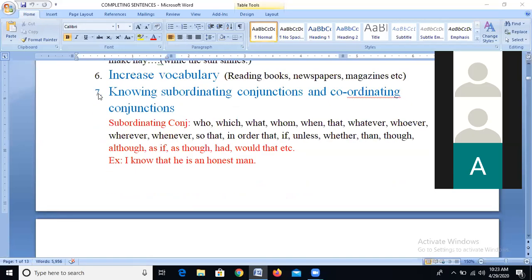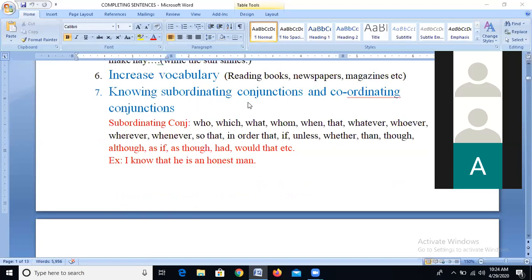Okay, now come to the next point, knowing subordinating conjunctions and coordinating conjunctions. You know that conjunctions are basically of two kinds. One is subordinating conjunction and the other is coordinating conjunction.